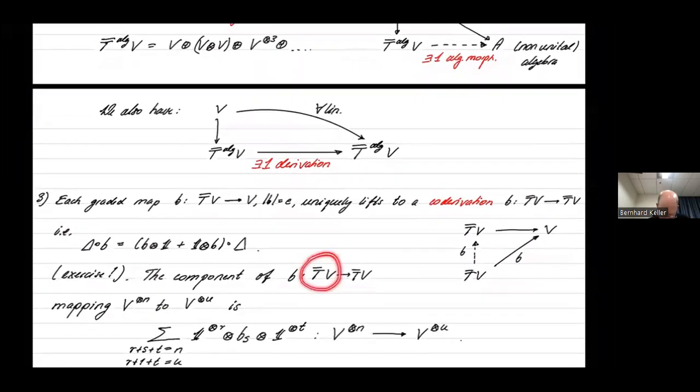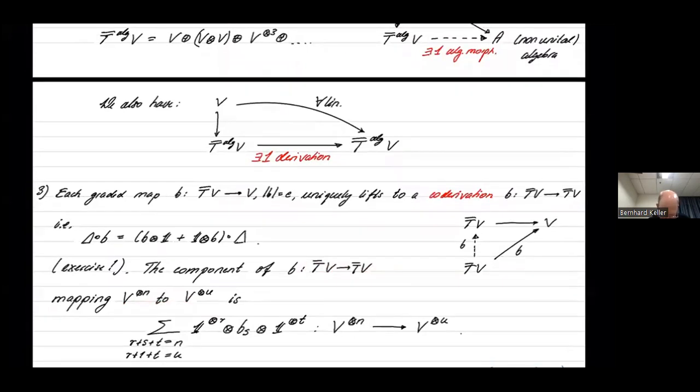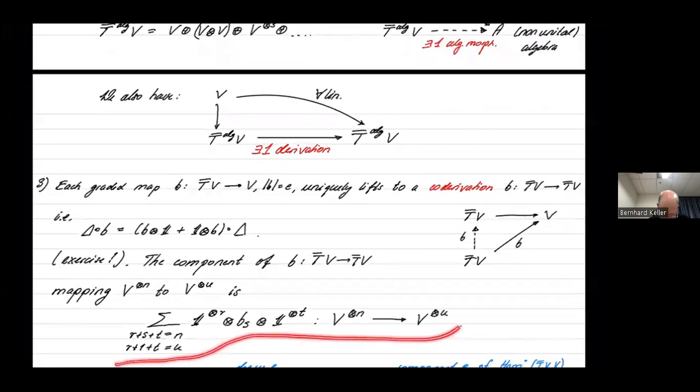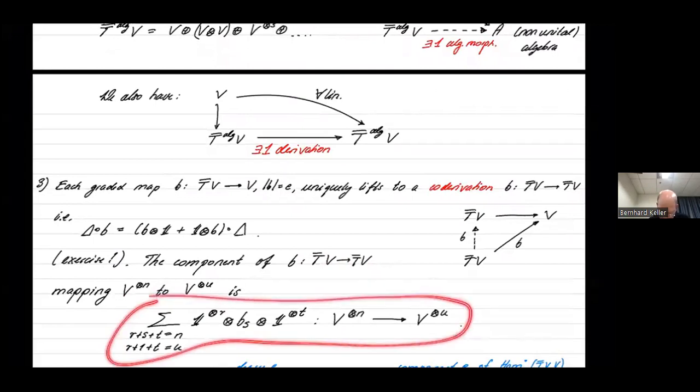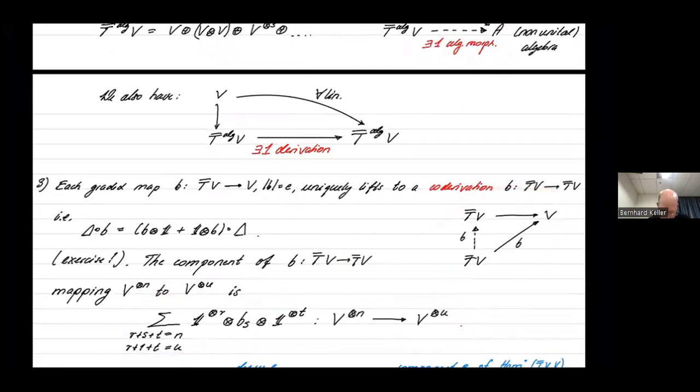If we take the nth tensor power of V on the left, it is mapped to the mth tensor power of V on the right by this formula. We get this formula just from the universal property.